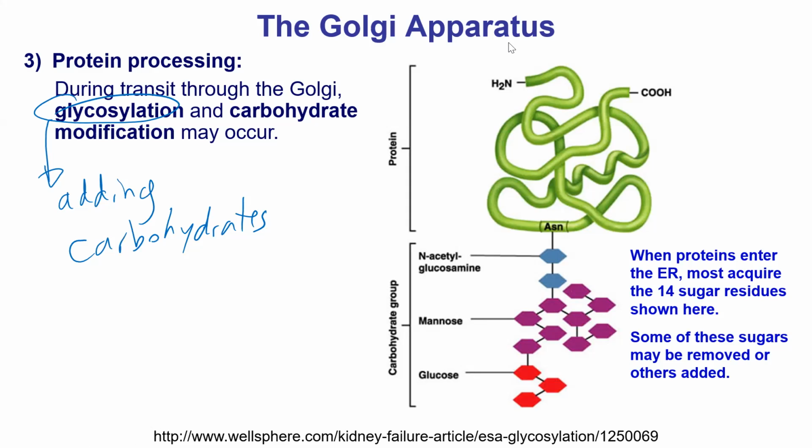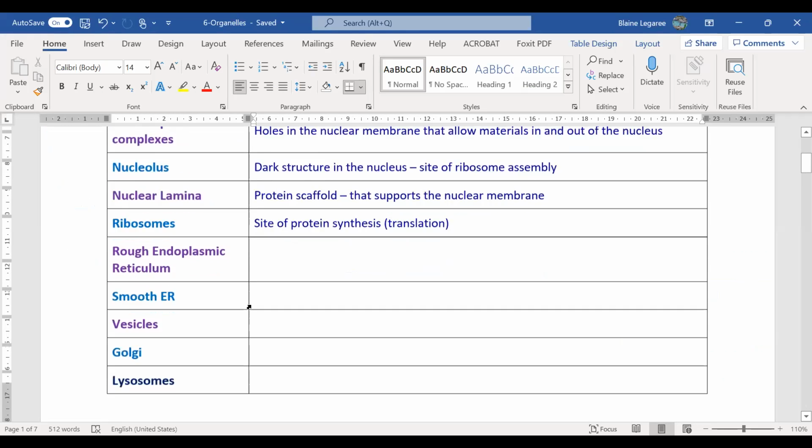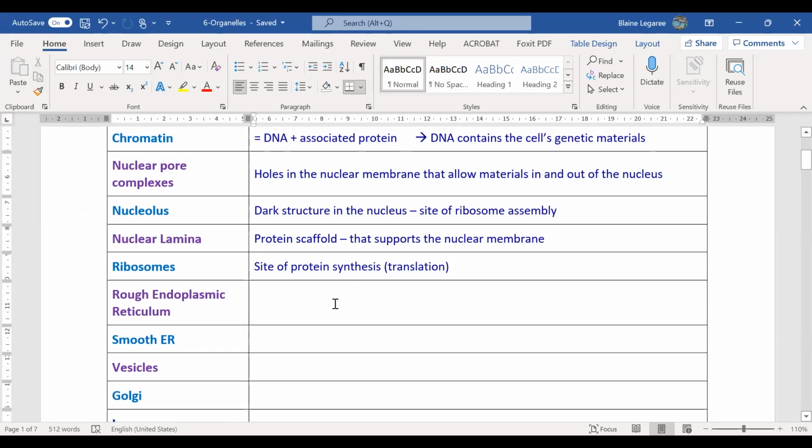Okay, so maybe before we get ahead of ourselves, we should go back to here and make some notes. So we talked about all those things right there. Okay, so the rough endoplasmic reticulum, remember endoplasmic reticulum is ER, so this is also rough ER, we can call it. And I'm not going to always spell out or say endoplasmic reticulum. That's a lot of syllables, isn't it? So what's going on in the rough endoplasmic reticulum?